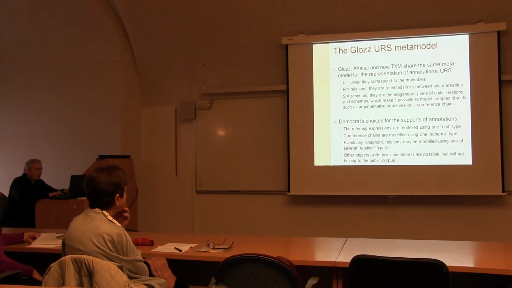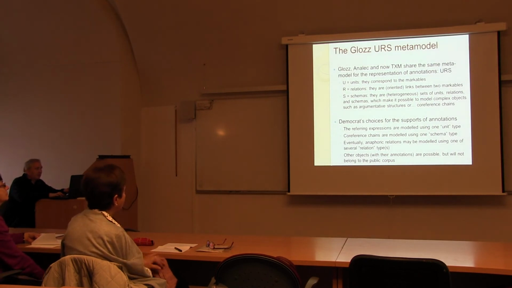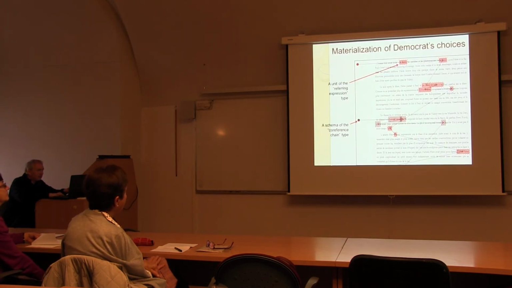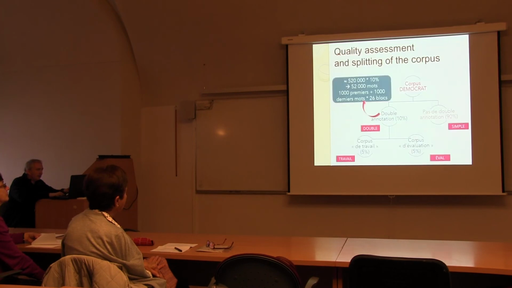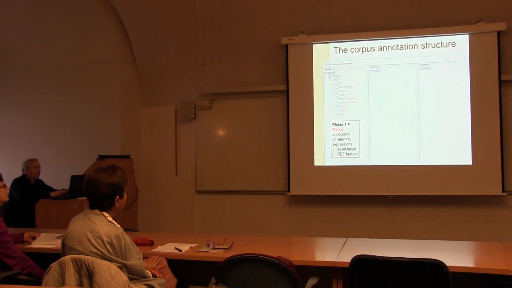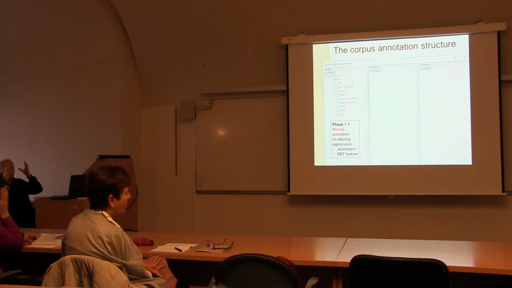We use existing work for categorizing and annotating, and I skip that to show you the annotation procedure with the angle of the annotation structure. So here is the structure at the beginning of the procedure.